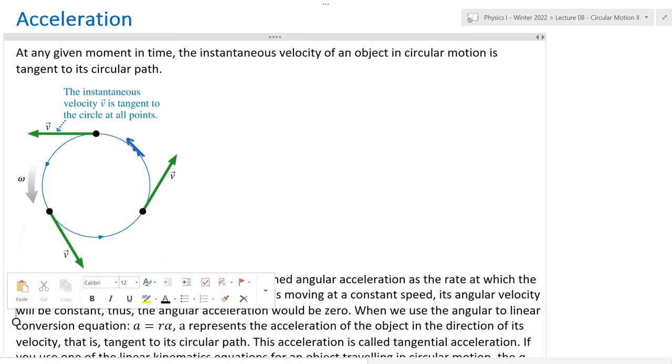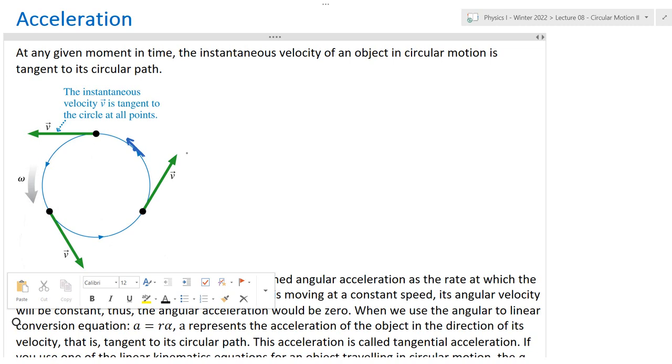If it's moving in uniform circular motion, the velocity is changing because the direction is changing, but the speed is constant throughout. That's why the length of each of these green vectors is the same magnitude. The velocity is not constant because velocity is a vector quantity which includes the speed and the direction.